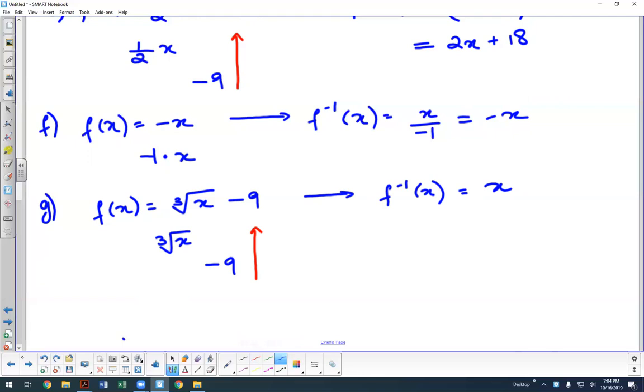Add the 9. And then since we're taking the cube root, you're going to cube it. And of course you cube the entire thing, just like we multiplied the entire thing by 2. You take the cube on the entire function. So you will actually get x plus 9, the whole quantity cubed.